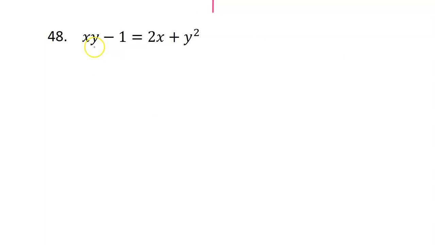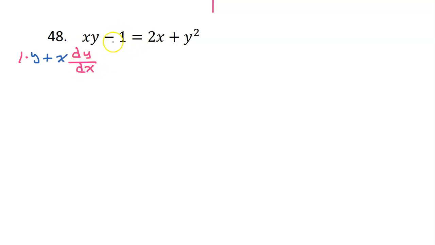Let's try another one. So first, here's a little product rule. So the derivative of x is just 1, which I really didn't need to write. And I'm leaving the second factor alone, and I put a plus. Now I'm leaving the first factor alone, and I'm taking the derivative of the second factor. But the derivative of y is dy dx.